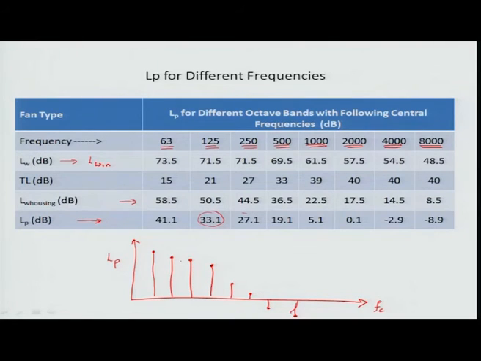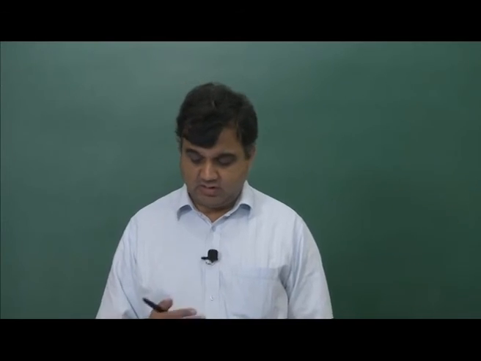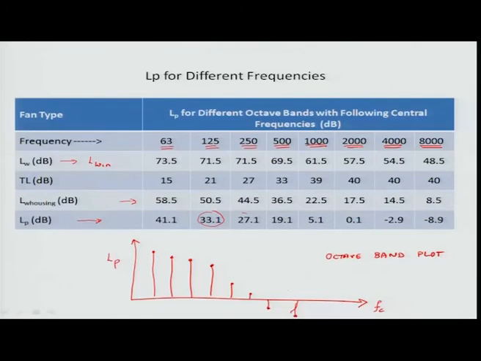This kind of plot is known as an octave band plot, where on the x axis I have central frequencies of octave bands, and on the y axis I have sound pressure level or sound power level or whatever. If these central frequencies belonged to 1/3 octave bands, it would have been called a 1/3 octave band plot. This term comes very regularly in noise related work, so you should understand this.